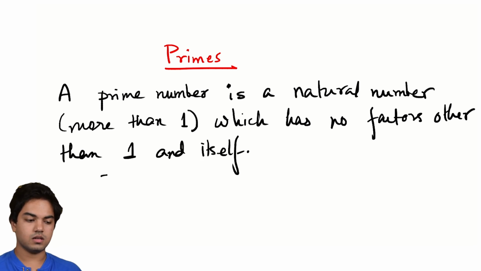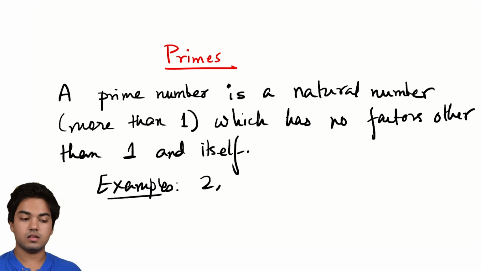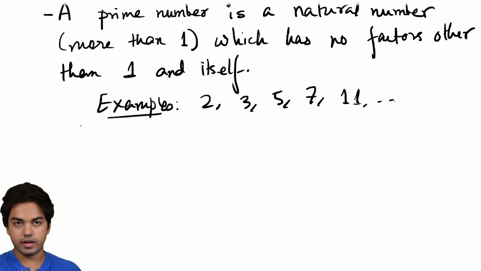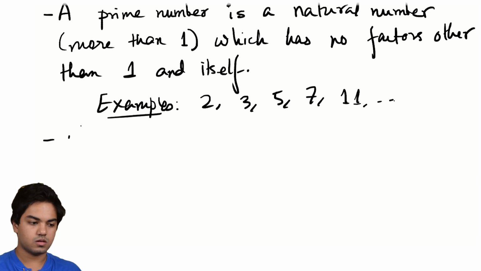We saw some examples last time. 2 was an example, 3, 5, 7, 11, and so on. Alright? So this is what a prime number is. A number is not prime if it's composite. It's just a name.